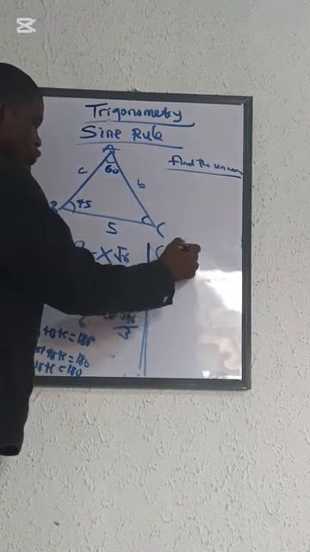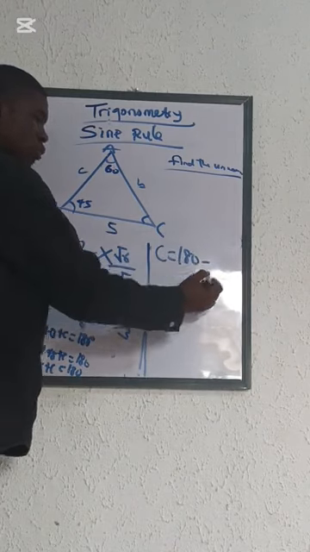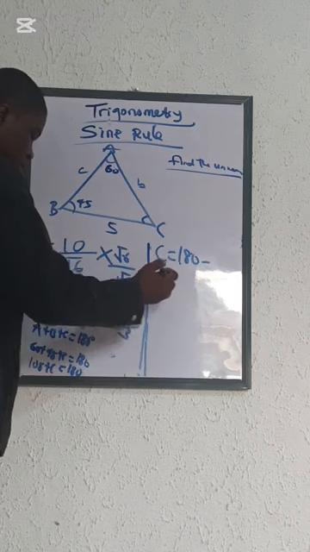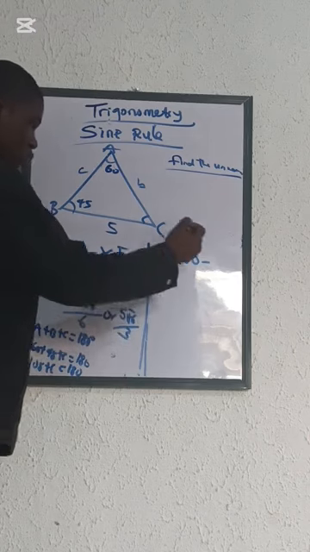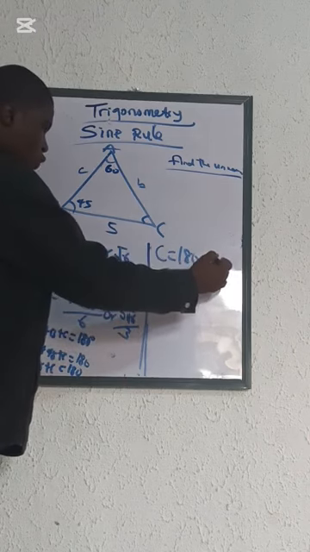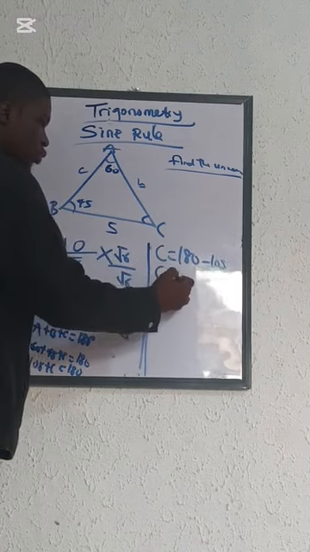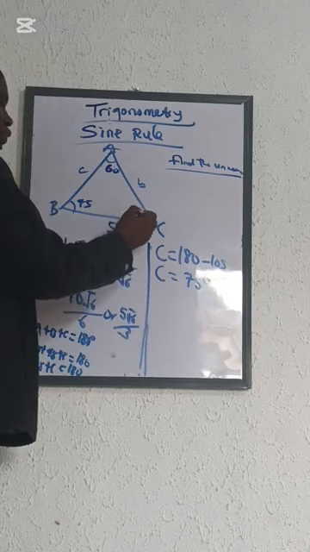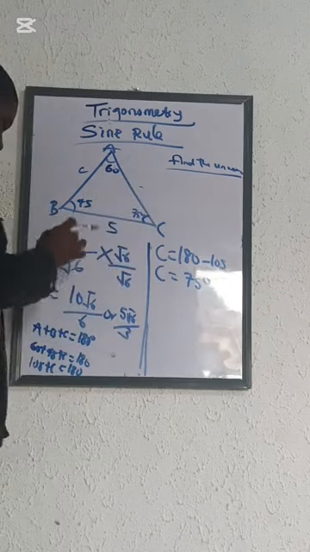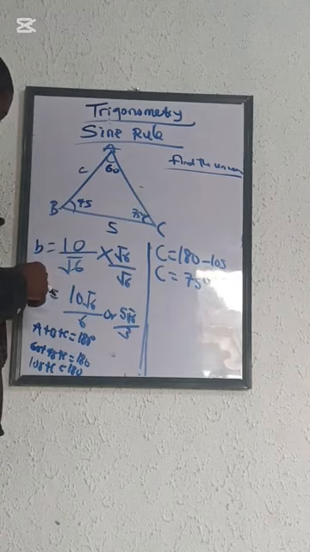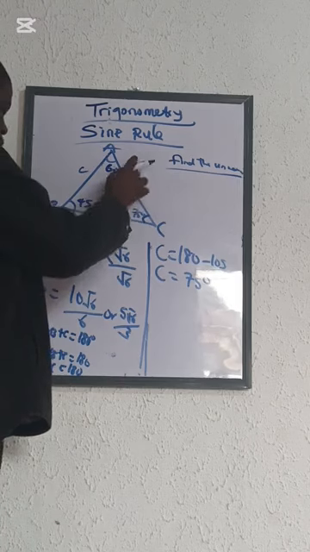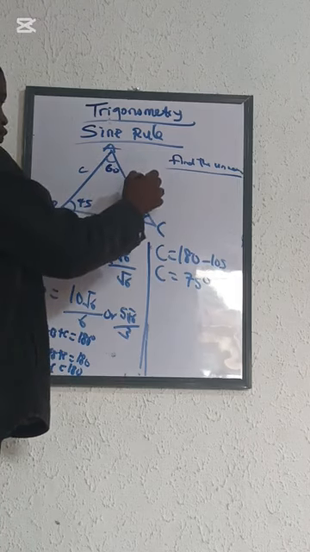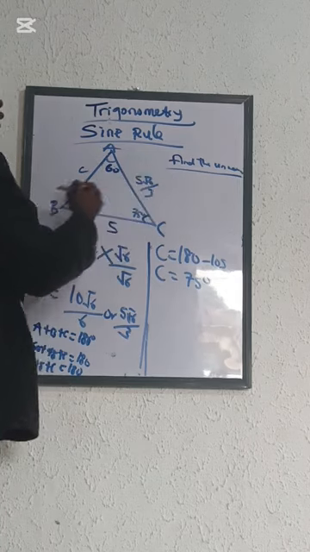So C is equal to 180 minus 105. So C is equal to 75 degrees. So we have 75 here, and we have 5 root 6 over 3 here.